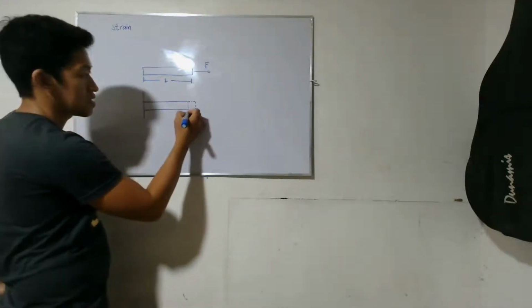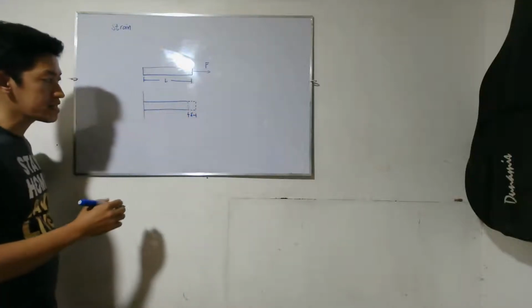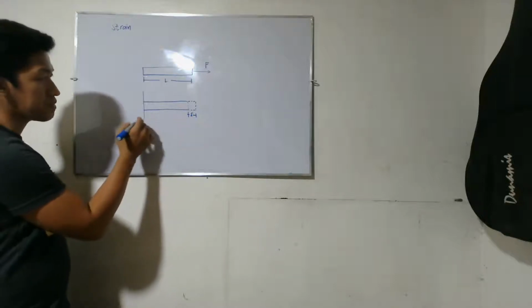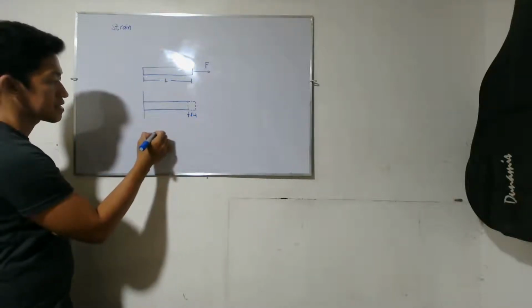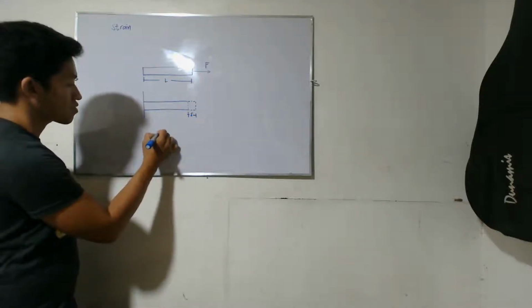So the deformation or the delta, if we divide it by the total length, okay, so that is what you call strain.